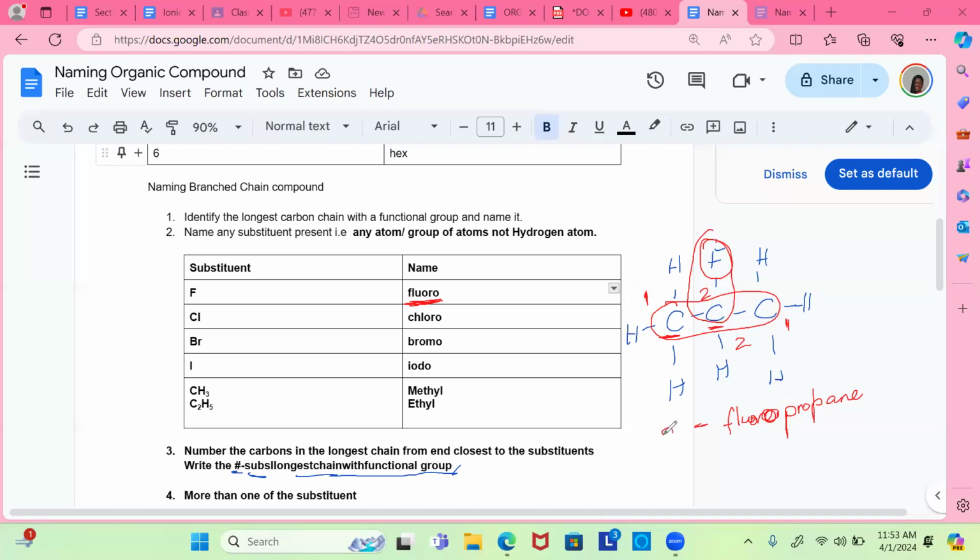So my fluoro is on my second carbon. So the name of this compound is 2-fluoro, and then it's propane. Clear?